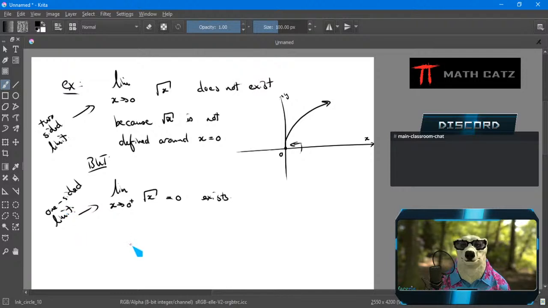Now I want to look at, what do I want to look at? Let me just see what the problems I want to do before I make an example that is exactly the same as those problems. Let's do this problem now.